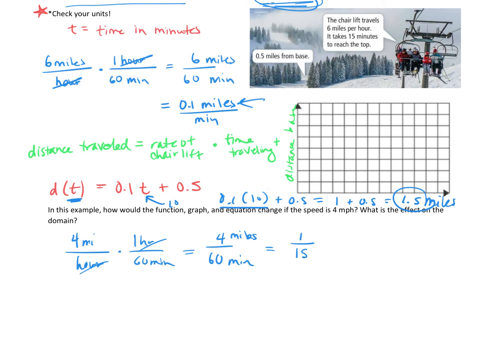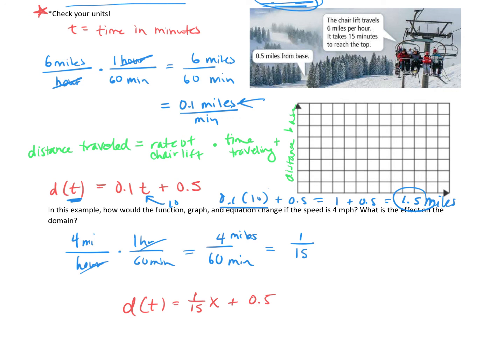So here's how the equation would look different. Our distance traveled after t minutes is 1 over 15 t, plus 0.5. We have the same starting point. We're still starting 0.5 miles from the base, so the starting point remains the same. The slope would decrease. We're going slower now.